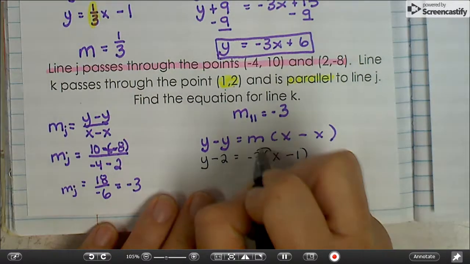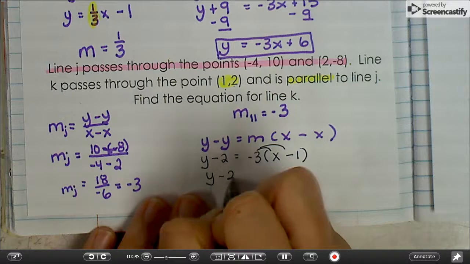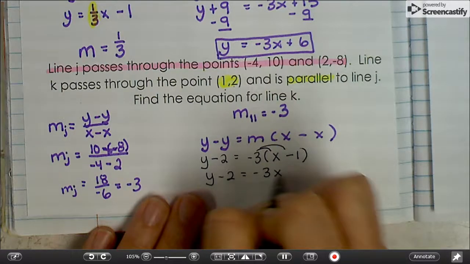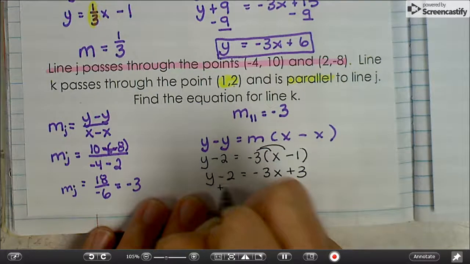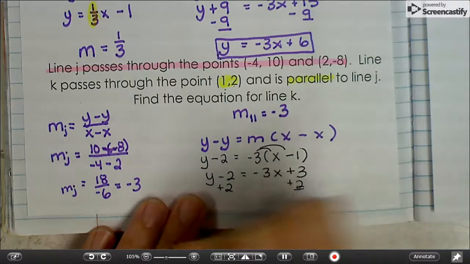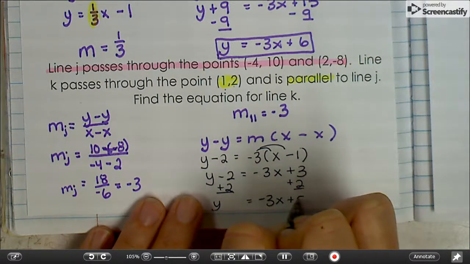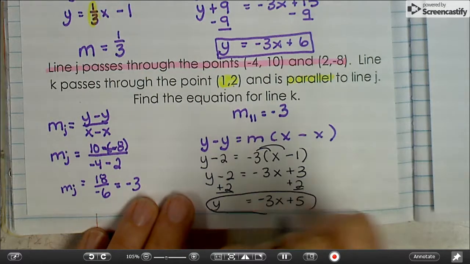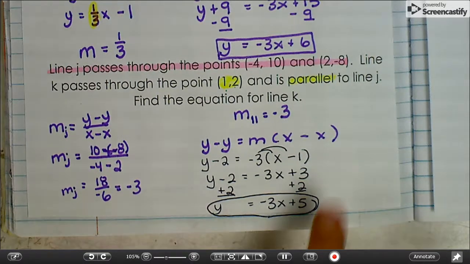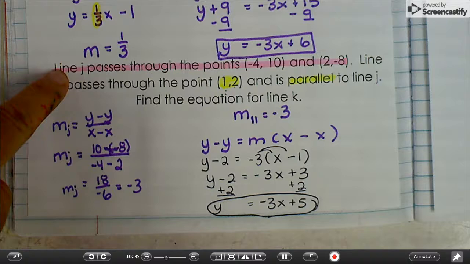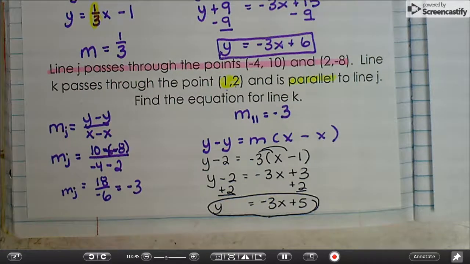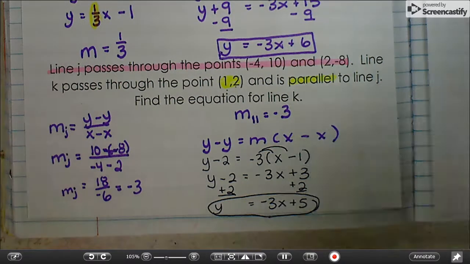We want to distribute, so y minus 2 equals -3x plus 3, and then add the 2 to both sides. y equals -3x plus 5. And that is the equation for a line that is parallel to line j and passes through the point (1, 2). Okay.